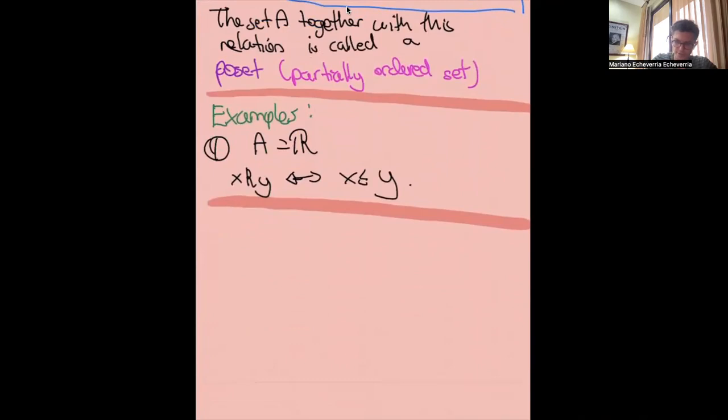So far, so good. Now let's do another example, which is a little bit more interesting. Let's take our set to be the natural numbers. Let's say two natural numbers, let's call them n and m because those are more common letters for natural numbers, are related.